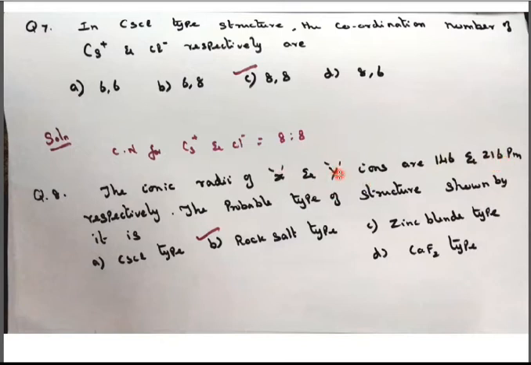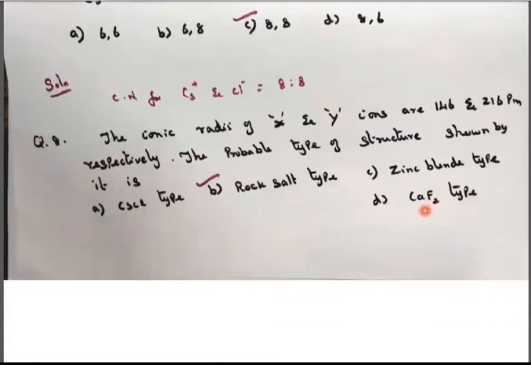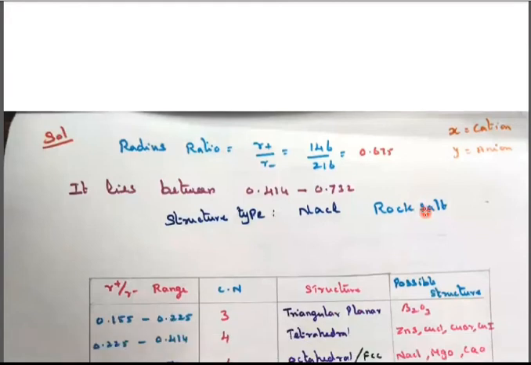The probable type of structure shown is either the cesium chloride type, rock salt type, zinc blende type, or the calcium fluoride, which is called fluorspar type. So let us discuss this structure.